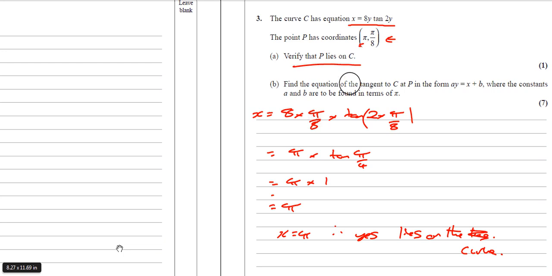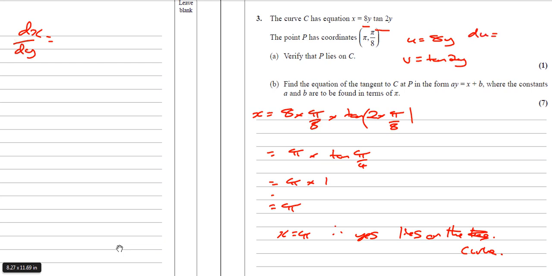So if we've got to find the equation of the tangent at P, we've got a coordinate already, now we need to know what the gradient is. So the way we work out the gradient is going to be dx by dy. Now we've got two functions multiplied together. So u equals 8y, and v is tan 2y.